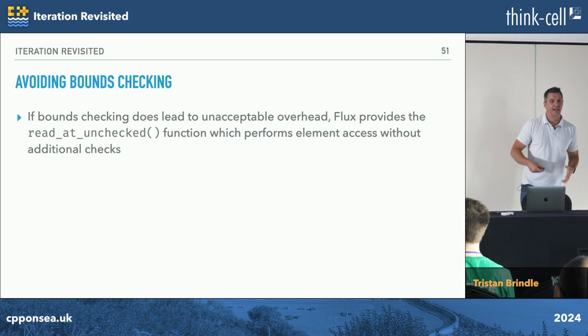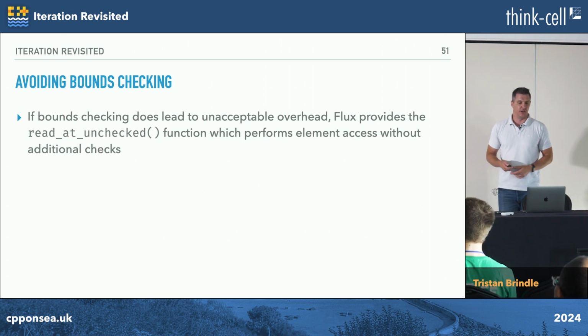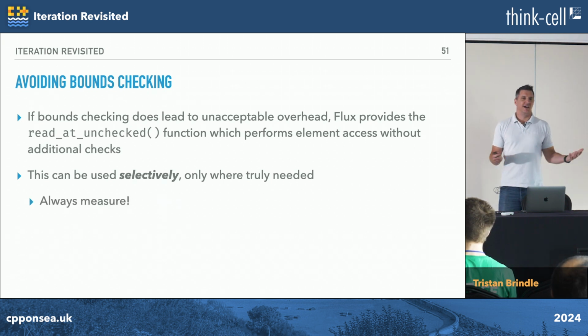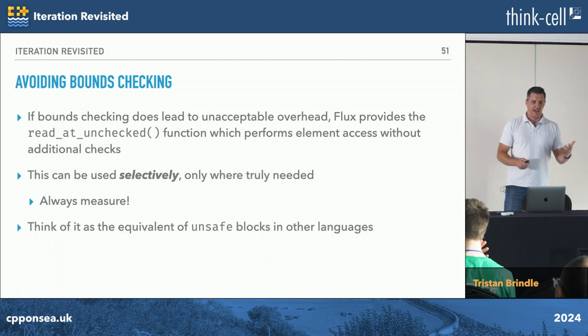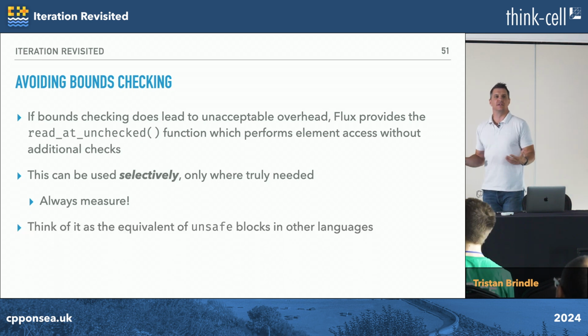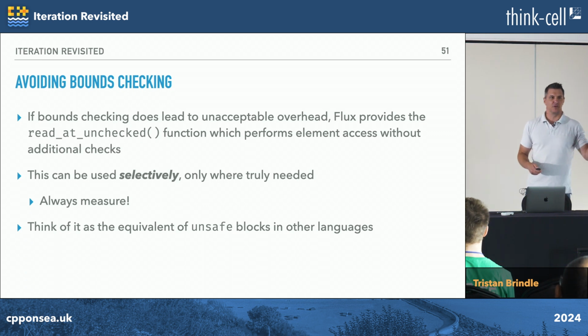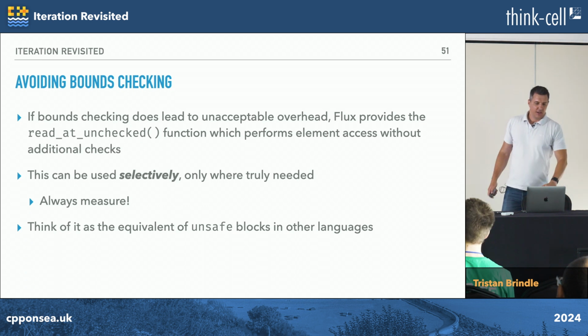So it's unchecked, but it has no bounds checking overhead. You can use this selectively where you've measured, where you absolutely need it. And you can kind of think of this as the equivalent of unsafe blocks in languages like Rust or C#. When you need the absolute best code that can possibly be generated, and you can't use internal iteration for some reason.